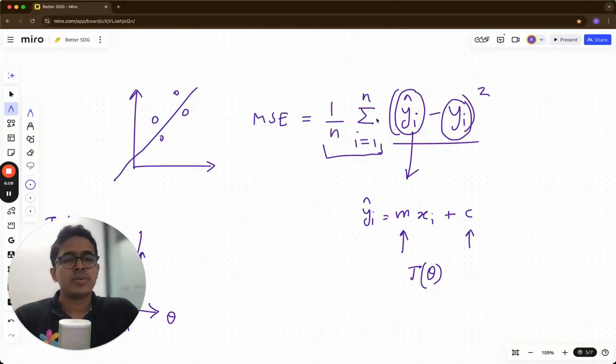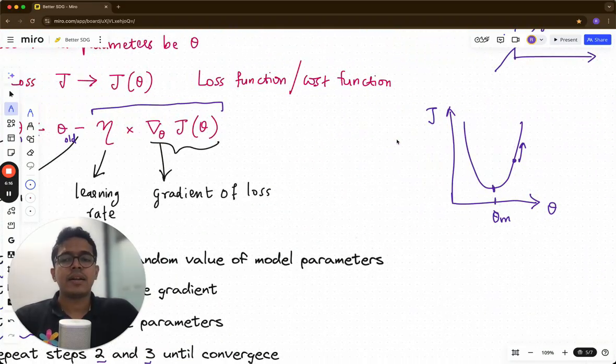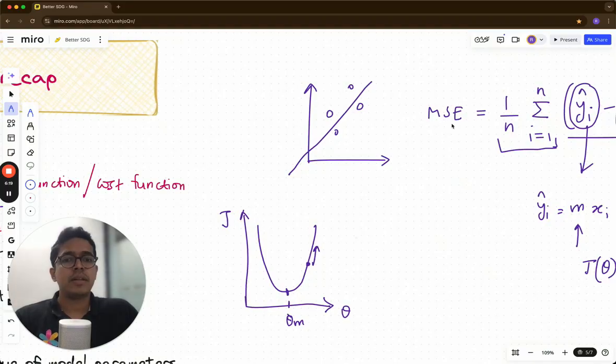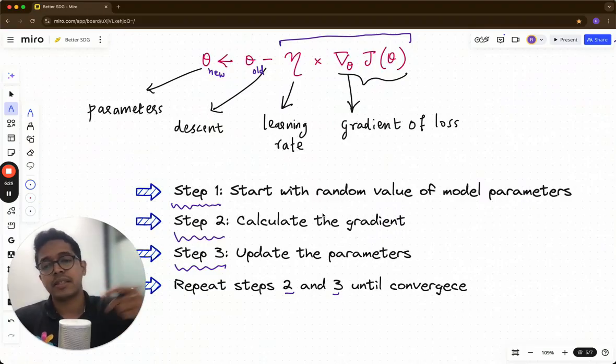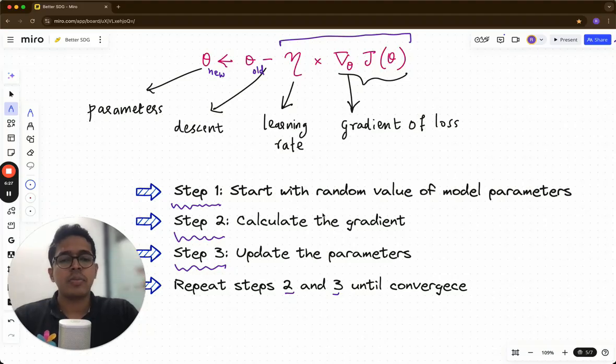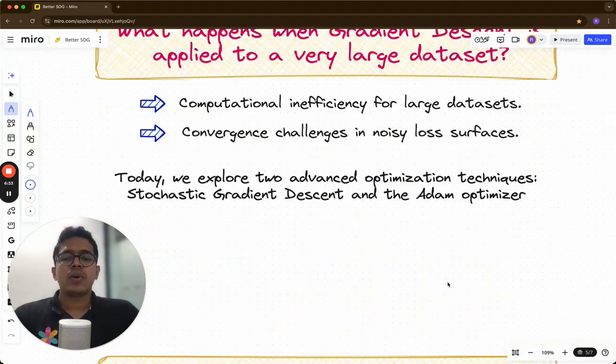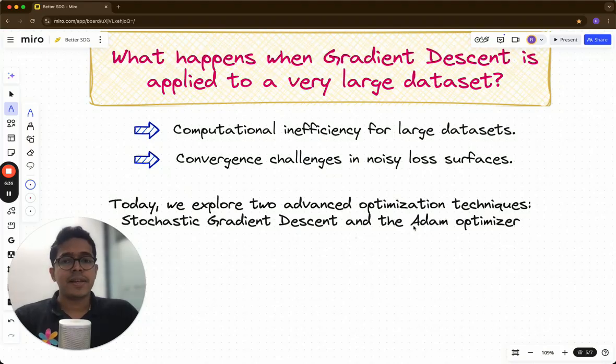Then you have to sum the differences between prediction and actual value, and take the mean squared error. And not just that, this is just to calculate the mean squared error. You have to calculate the gradient of the mean squared error with respect to the parameters, update the parameters, and do this 100 or 1000 or however many times until you are satisfied with obtaining some sort of convergence. So this is very computationally costly.